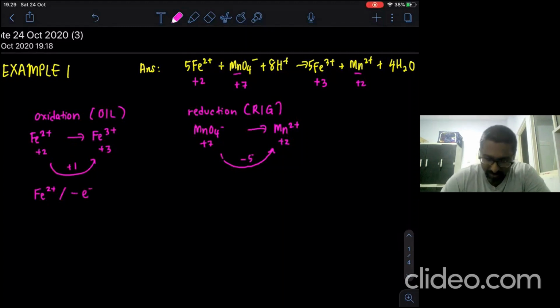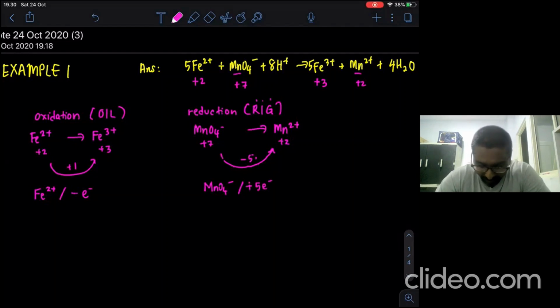And here, I notice that every 1 mole of MnO4- has gained 5 electrons, since reduction is gain. That is very important. We have to identify that.